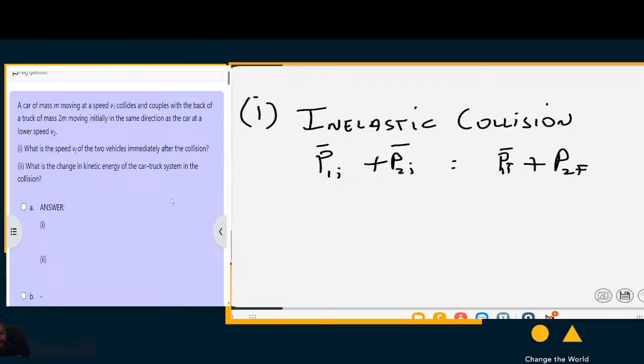That should be finally, not initial. That just simply means that if you add up the momenta before and after the collision, it should be exactly the same.